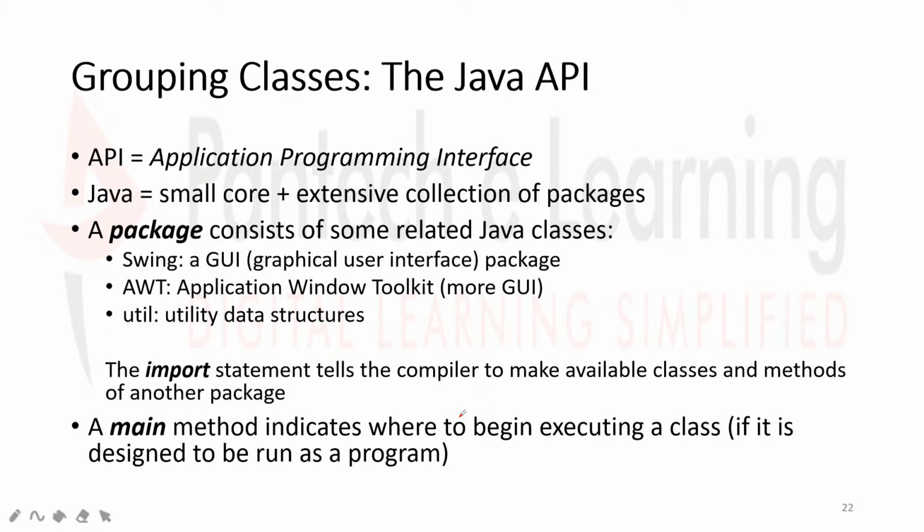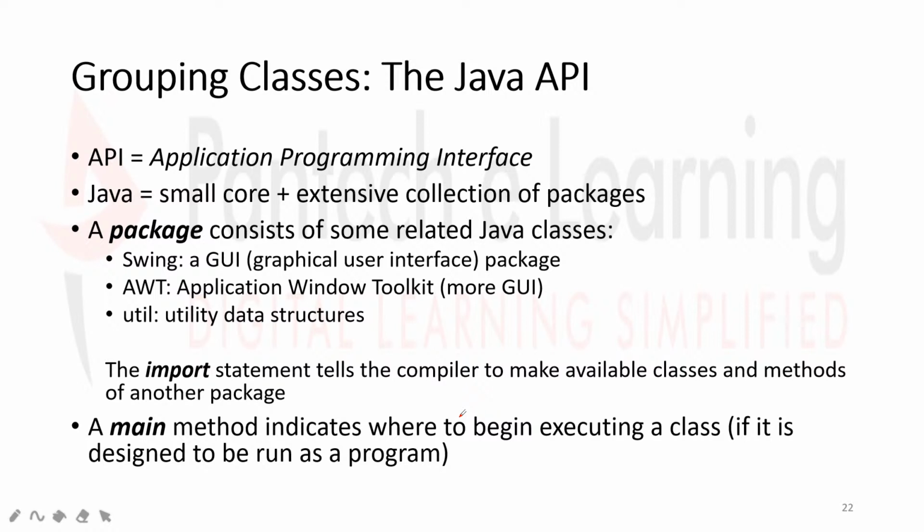And if you need more GUI components with a rich look, you can use the Abstract Windows Toolkit, that is AWT. This is also a graphical user interface. And for anything related to data structures, you can use the utility package, generally called util. These are some of the packages available.